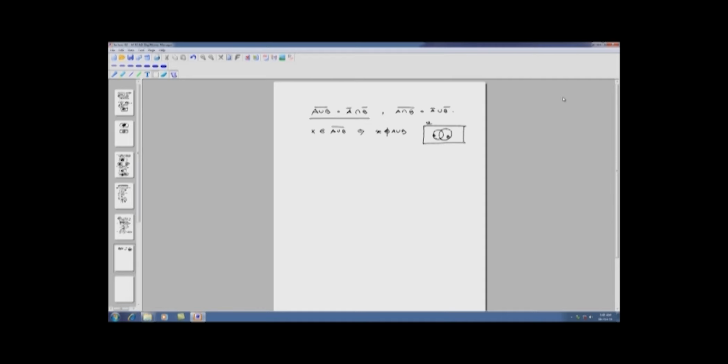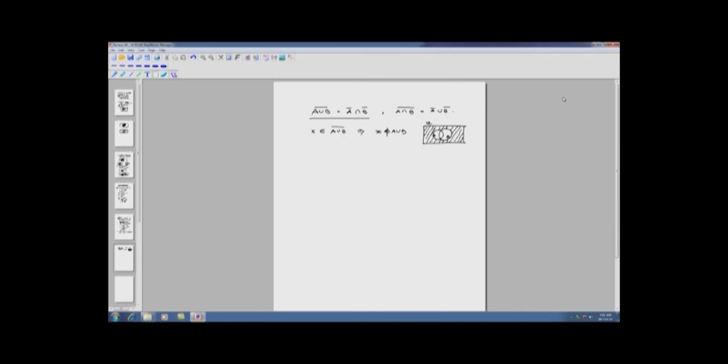I know that A union B covers the interiors of the circles corresponding to A and B. Therefore, the complement of A union B definitely is a region outside A union B. So, this shaded region is (A union B) complement. So, I am saying that x belongs to (A union B) complement implies that x does not belong to A union B.